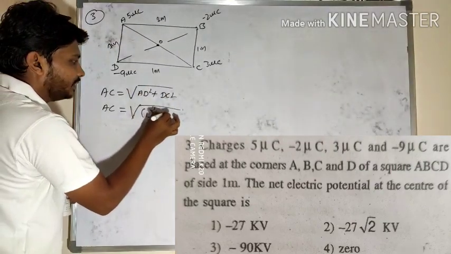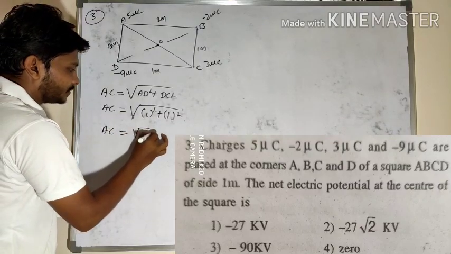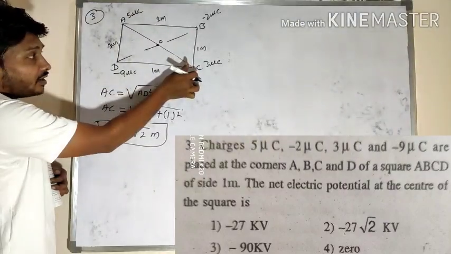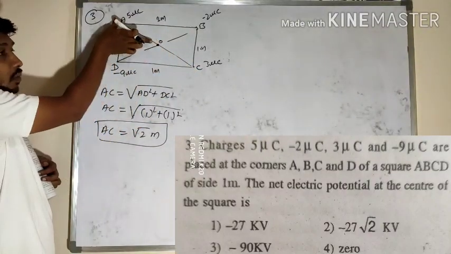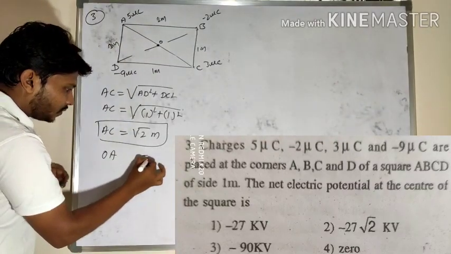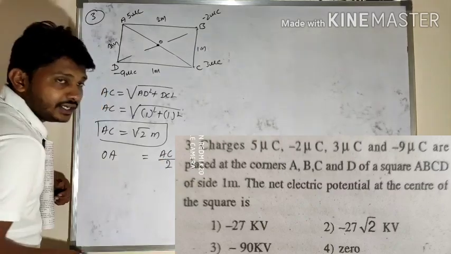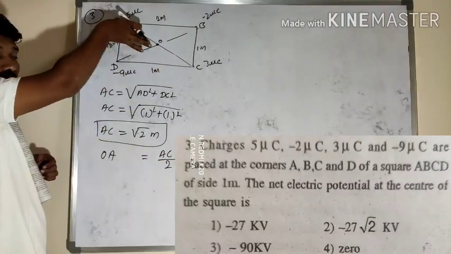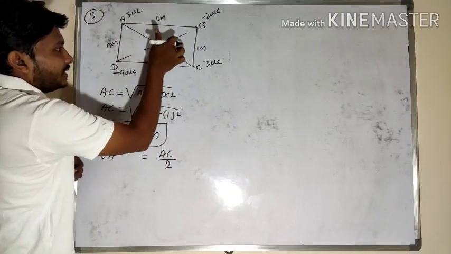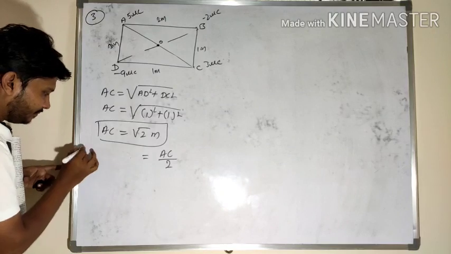That is 1 meter, and this is also 1 meter. So A to C is the square root of 2 meter. But I want the distance from O to A, so half of the diagonal. O to A is equal to A to C divided by 2, because it is half of the diagonal length. So the distance from O to A is equal to O to B, O to C and O to D here. So shall I rearrange here?